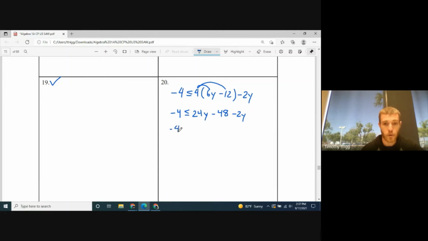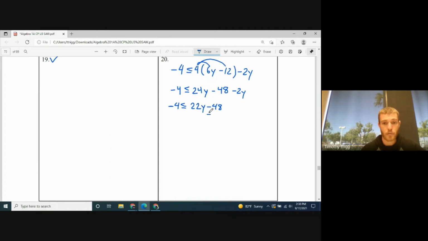Then we have negative 4 is less than or equal to. We can combine this 24y with this minus 2y. That's going to be 22y minus 48. We could add the 48 to both sides of the inequality.